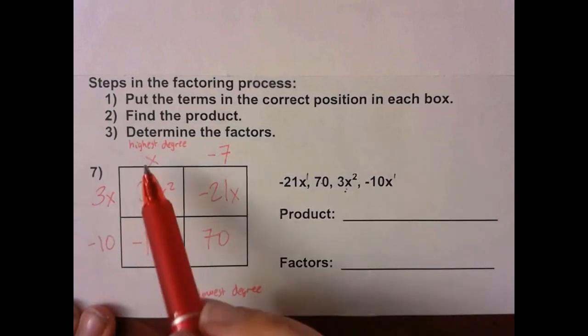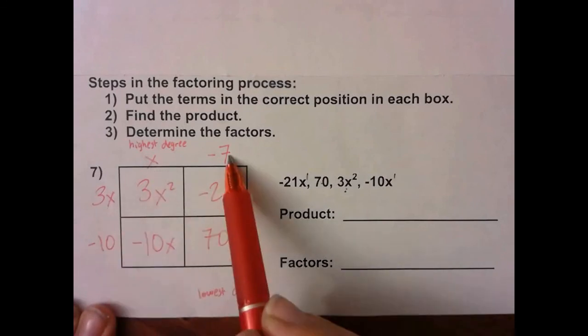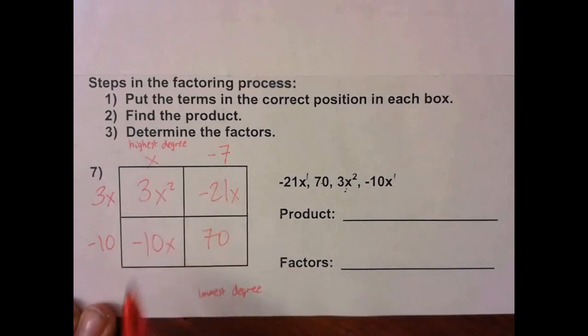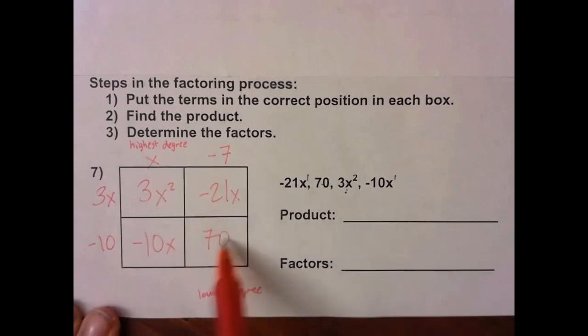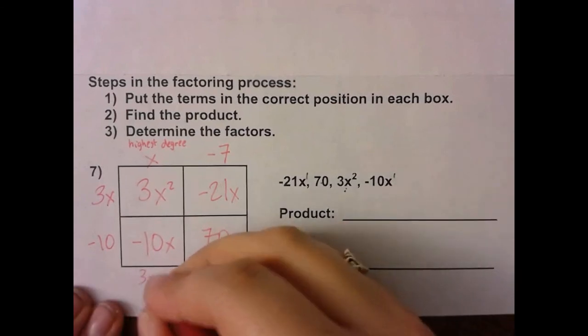Let's see if we did okay. X times 3x, that's 3x squared. 3x times negative 7 is negative 21x. X times negative 10, that's negative 10x. Negative 7 times negative 10, that's 70. So we end up with this.